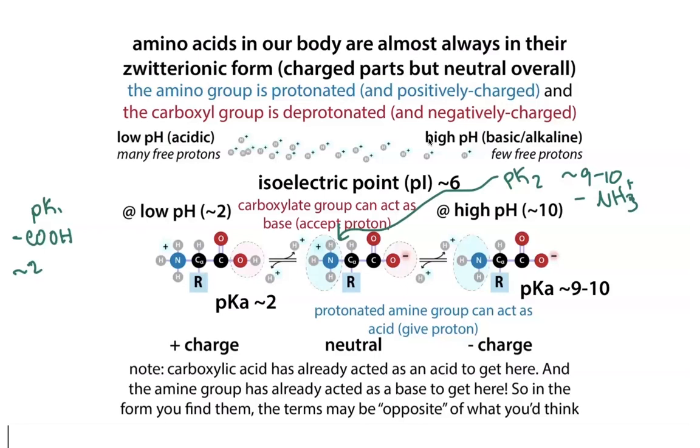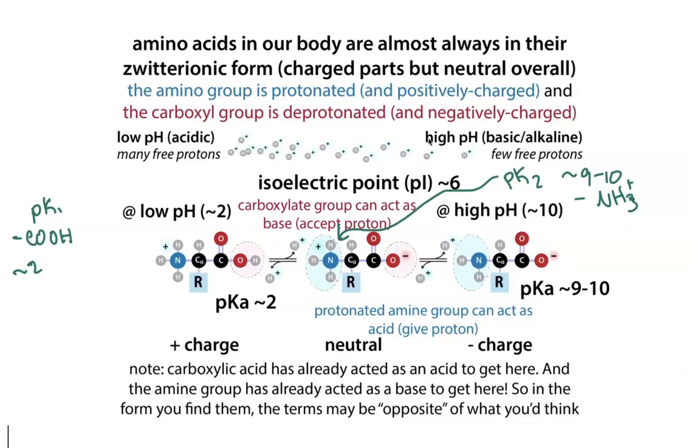But for our amino group, we have a weaker acid, which means we're more likely to find it as an acid, in this protonated state. But of course, this is going to depend on the pH. We can compare the two of them and say we're more likely to find the COOH deprotonated than we are the NH3 group. But that's all going to depend on the pH.